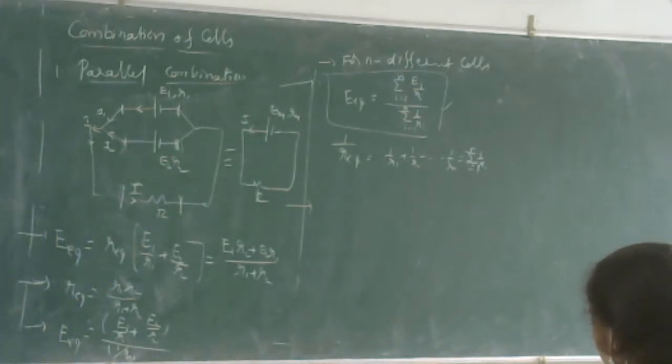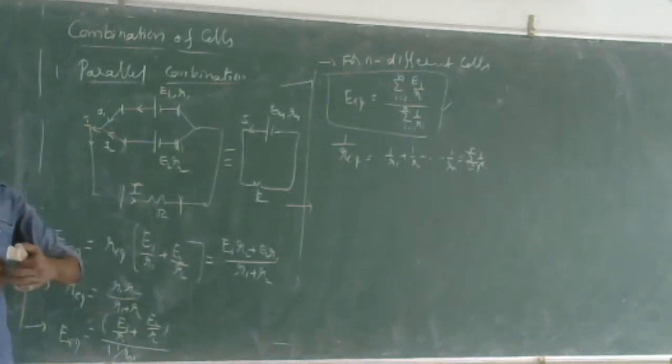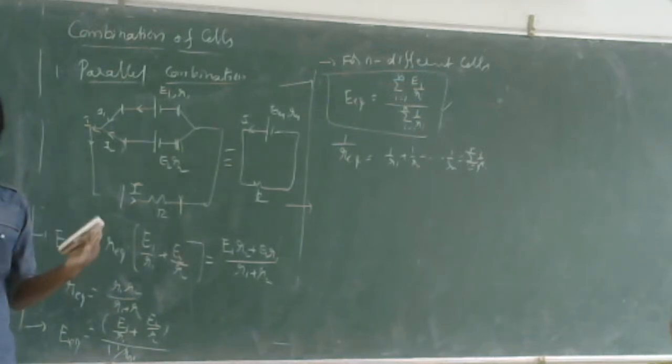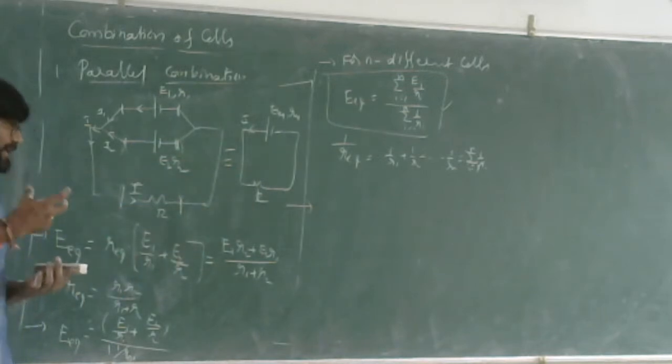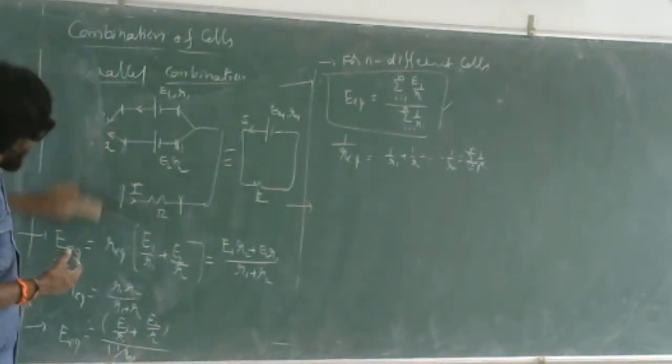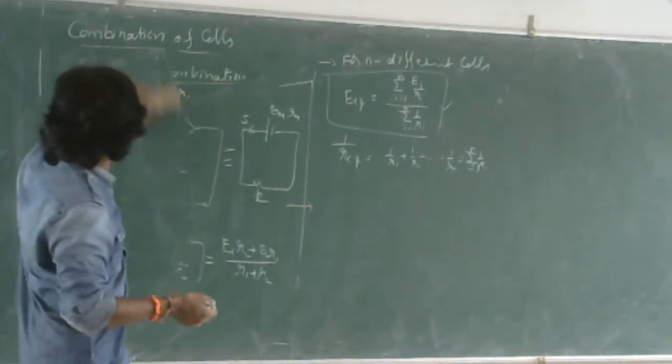If you come across mixed grouping of cells, especially we consider identical cells only. If you consider different cells, it will become more complex. So let us consider n identical cells connected in m rows. Then how to find the EMF?